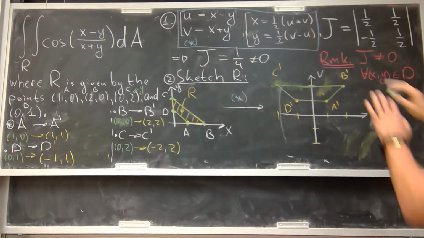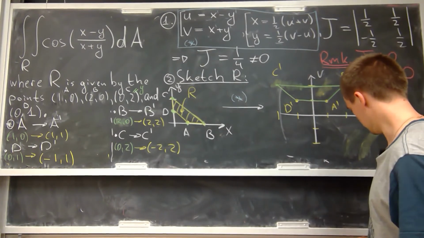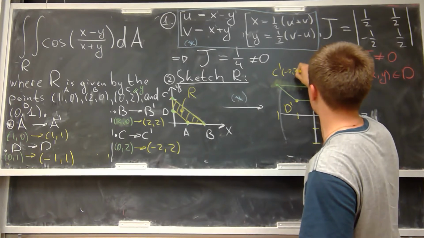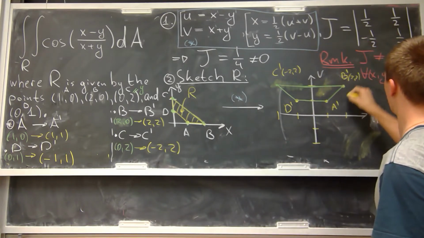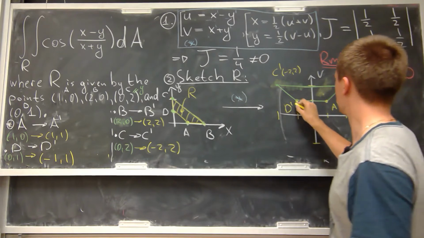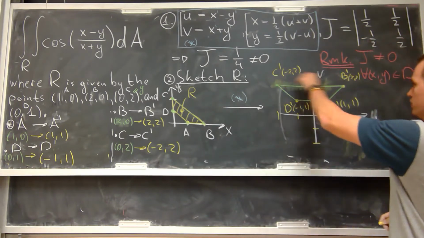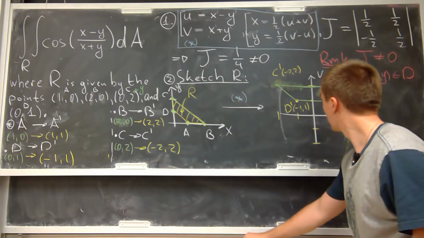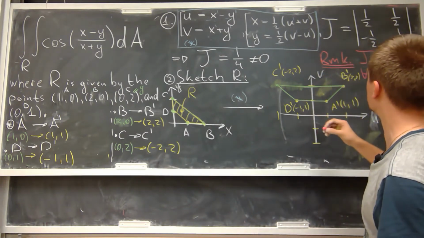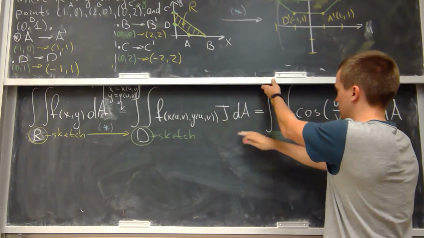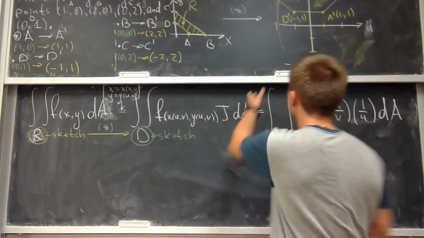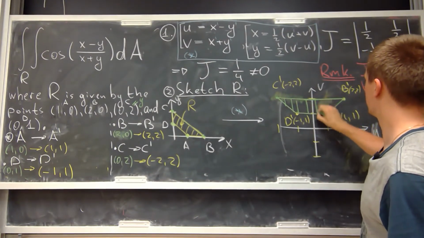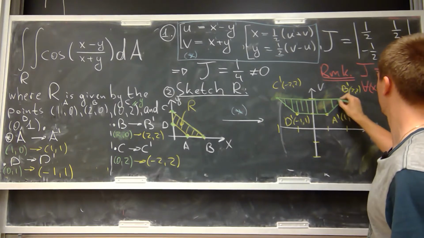In this picture it's not a really nice polygon, but remember the coordinates of C prime are negative 2 and 2, of B 2 and 2, of A 1 and 1, and of D negative 1 and 1. So all of these lines are going to be straight lines. Okay, perfect. So right now this is my region D, given by this trapezoid.